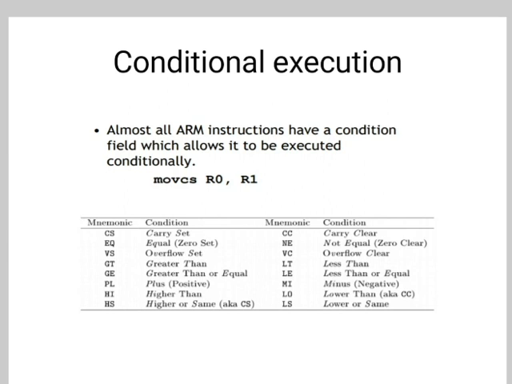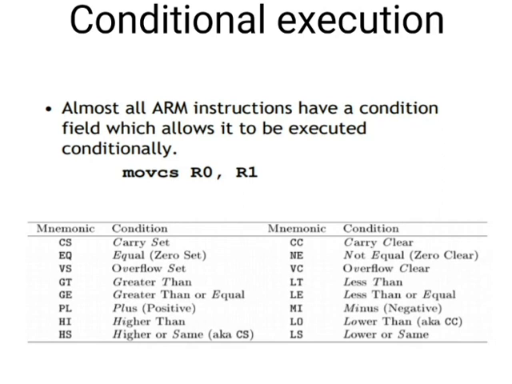Now some conditions are given: carry set is written as CS, equal EQ, overflow set VS, greater than GT, greater than or equal GE, plus PL, higher HI, higher or same HS, carry clear CC, not equal NE, overflow clear VC, less than or equal LE, minus MI, lower than LO, lower or same LS.